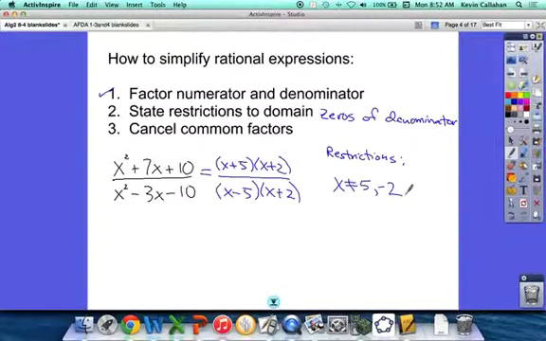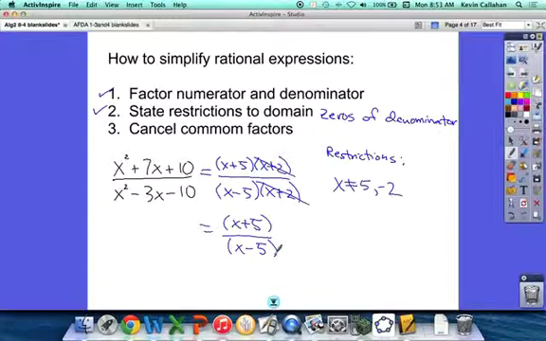Right? You just have to make sure x doesn't have that value. Honestly, what is that? That's a domain. Okay, now simplify. That was the restrictions, right? Cancel the common factors, right? So what's the common factor in the numerator and denominator? X plus 2. So cancel, cancel, and the answer is x plus 5 over x minus 5.